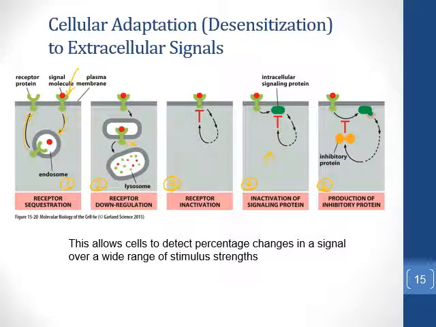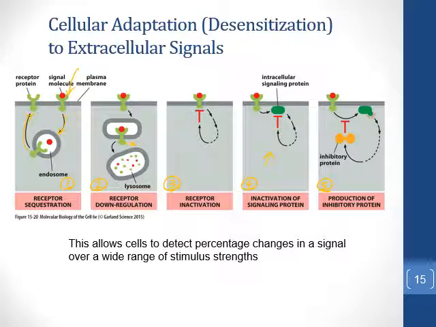So in all these cases, what's happening? You're activating the pathway, but you're simultaneously engaging some sort of mechanism to shut the pathway down. This ensures that these signaling cascades or transduction pathways don't go haywire. So you've got to check on the system, and it can happen in one of these different ways.